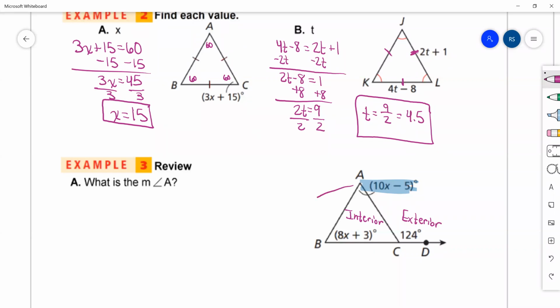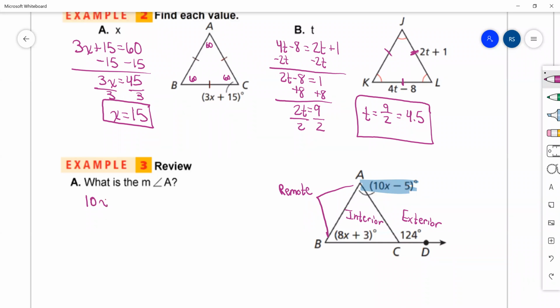These two angles would be considered our remote angles because they're the furthest away from our exterior angle. So what do we know about two remote angles and the exterior? You add them and they're equal. The two interior equal that exterior.